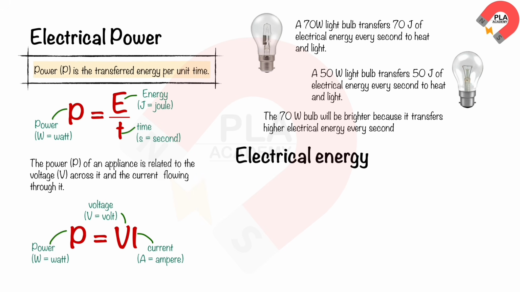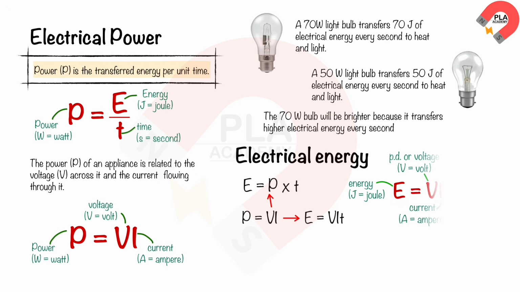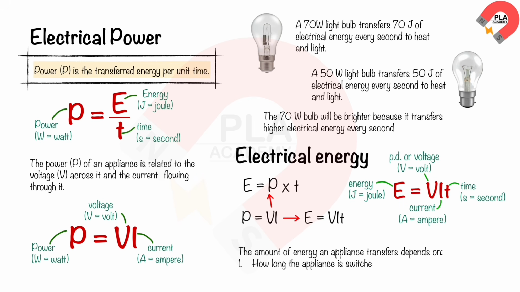Rearranging the energy transfer and power equation, the energy can be written as E equals PT. We substitute P equals VI, so we can write the formula for the electrical energy as E equals VIT. The amount of energy an appliance transfers depends on how long the appliance is switched on and the power of the appliance.